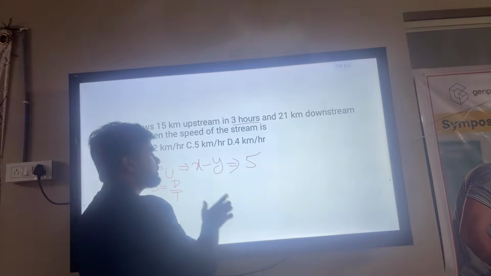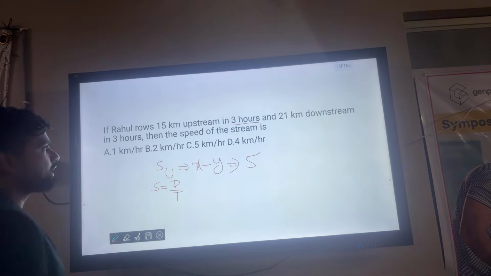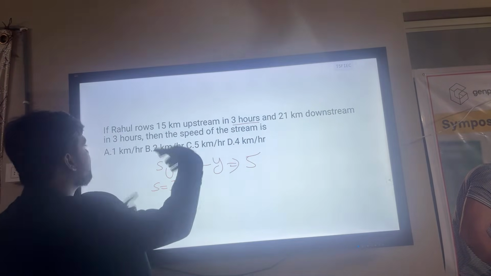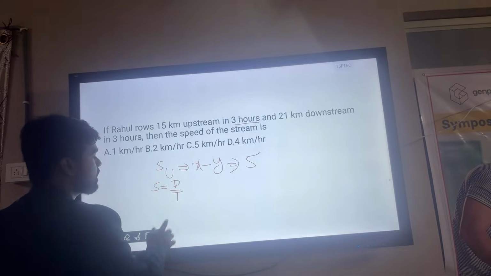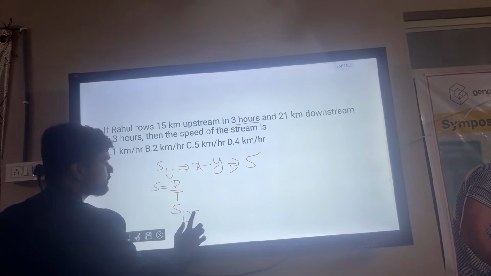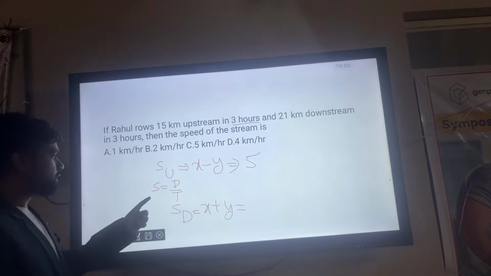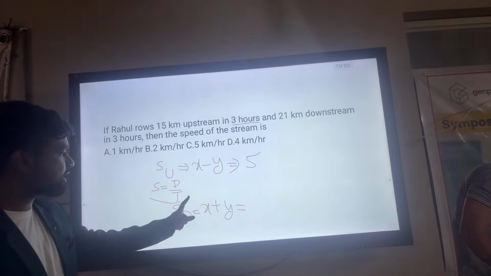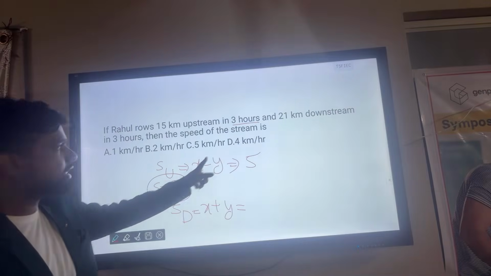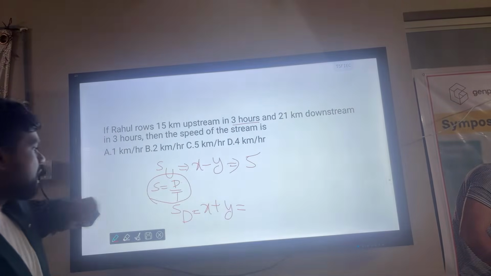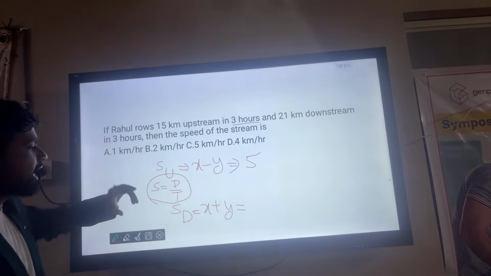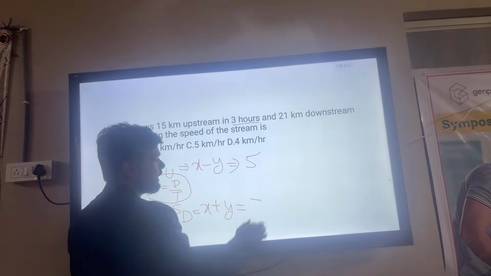So x minus y is equal to 5. In the next case, 21 kilometers downstream in 3 hours. So what is the downstream speed? x plus y. Again, speed is equal to distance by time. The distance he covered is 21 kilometers, and the time is 3 hours. That means his speed is 7.